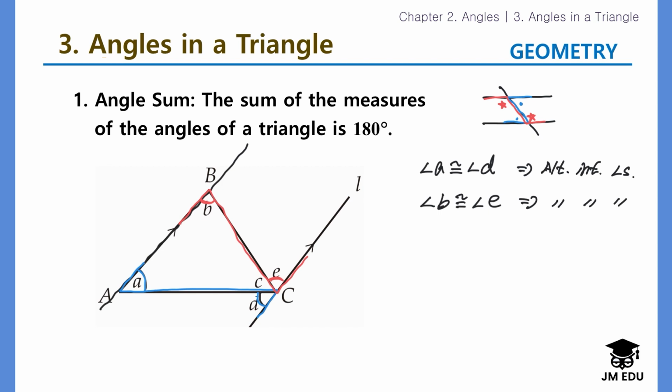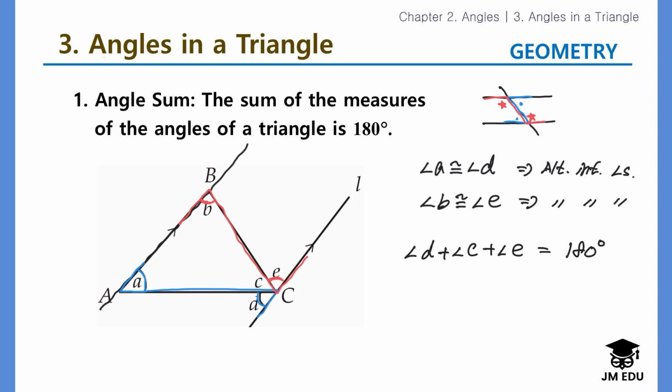We know that this is a straight line, so the sum of these three angles must be equal to 180, right? So angle D plus angle C plus angle E is equal to 180 degrees.